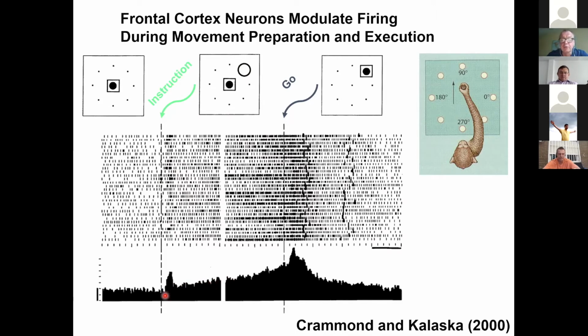For example, this one responds with a brief response to the instruction where to move, and then the activity slowly grows till the time the trigger command to movement is given. Also notice a high variability of this neuronal discharge in single trials.